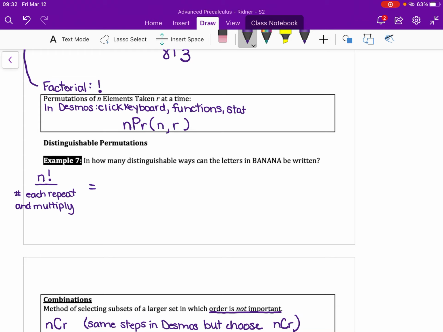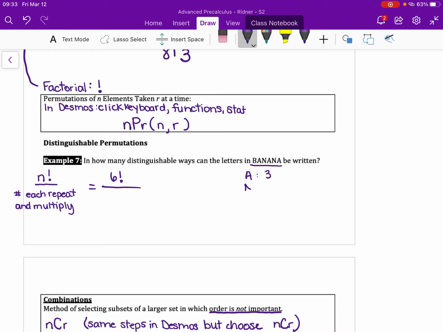You take how many letters there are. So in this case, how many letters are there in banana? 2, 3, 4, 6 letters, right? So we do 6 factorial. We divide that by all the repeats. So notice that A is repeated 3 times.